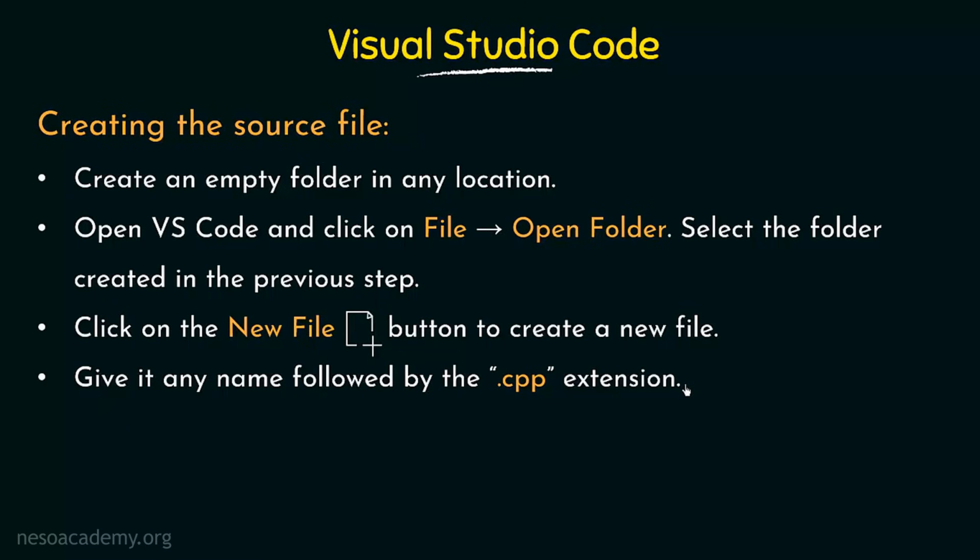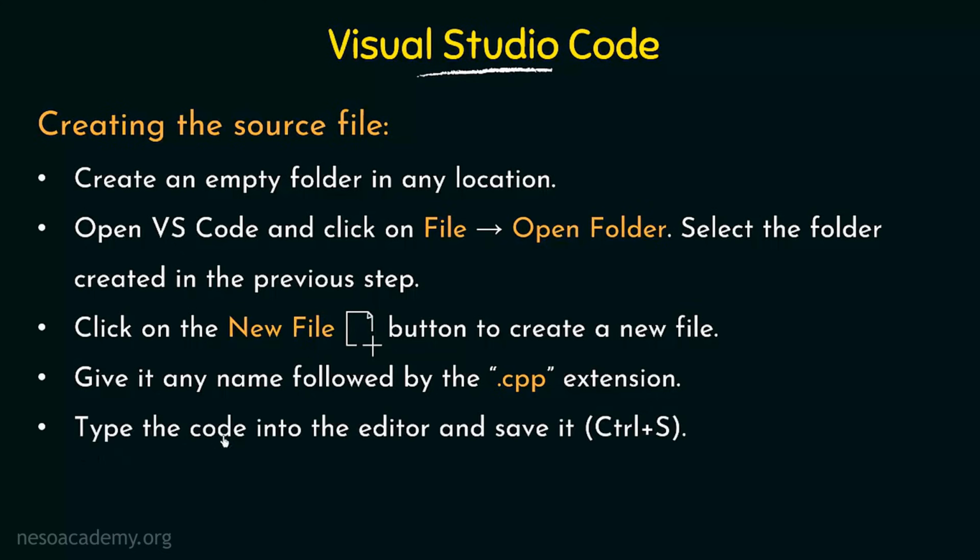You can give any name you want, but we have to append the .cpp extension to specify that it is a C++ source file. Then we type the code into the editor and save it. You can save it using the Ctrl+S keys on the keyboard, or by clicking on the save button in Visual Studio Code. So these are the steps required for creating the source file.